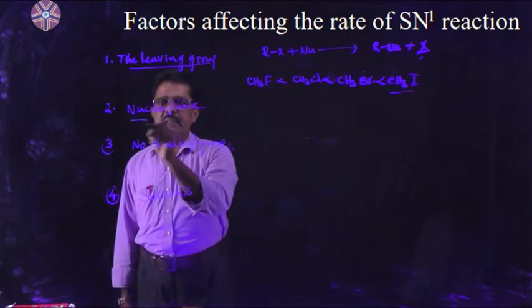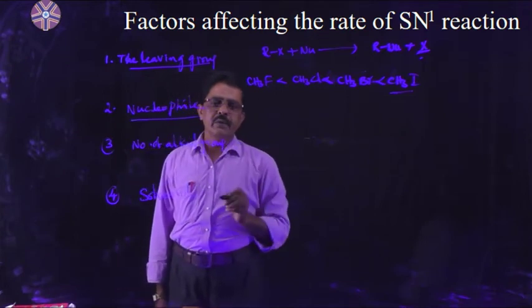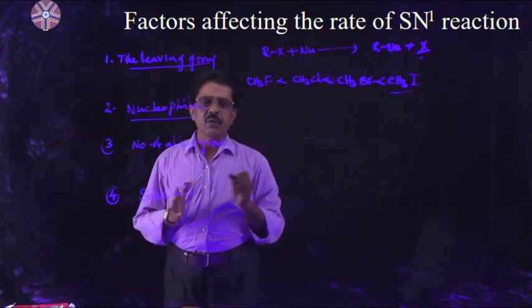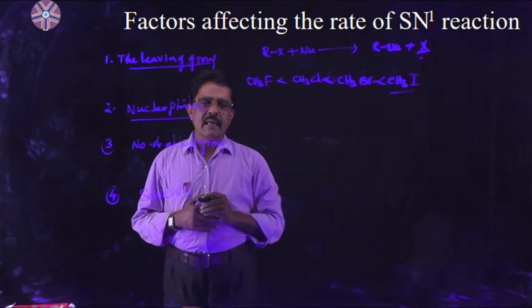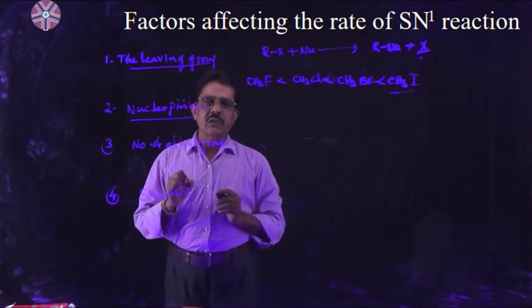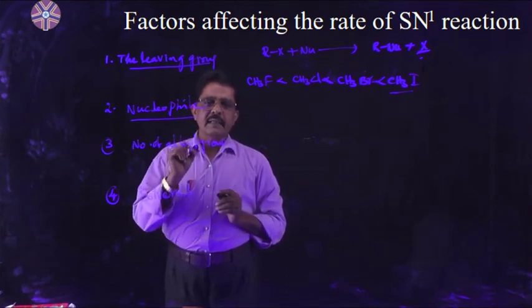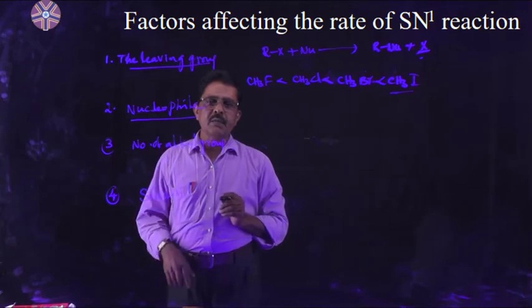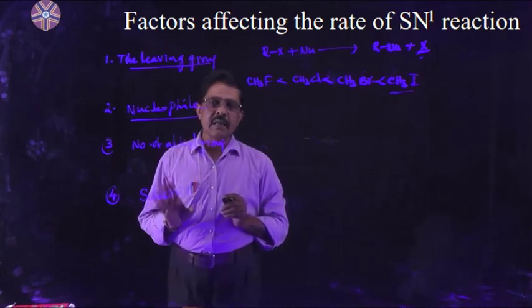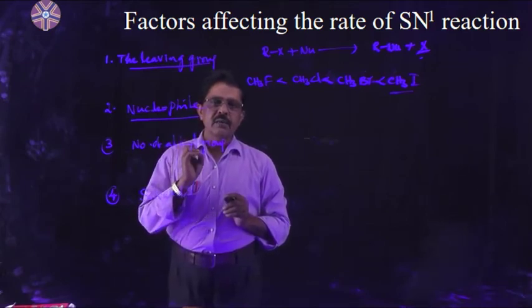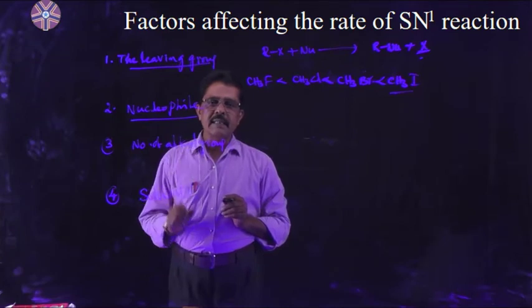Next one is the nucleophile. We know that the SN1 reaction is followed by tertiary alkyl halide, and the rate of reaction depends only on the concentration of alkyl halide. It does not depend on the concentration of nucleophile.